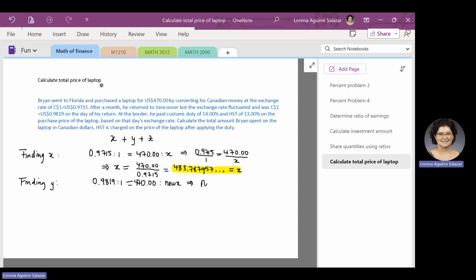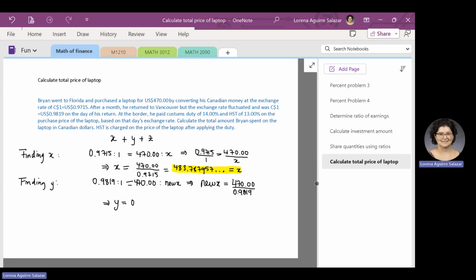Just as before, that value in Canadian money will be 470 dollars divided by 0.9819. And when we add the 14% duty, the total duty is our Y value.